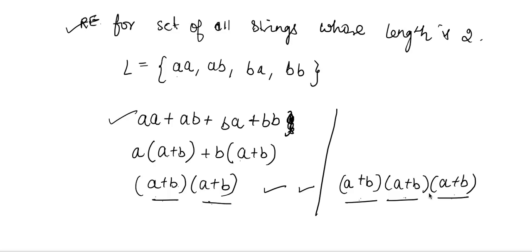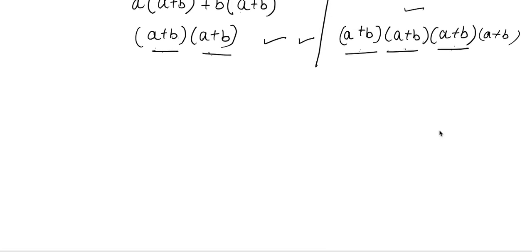We put the concatenation of these. For strings of length 4, put one more (a+b). Got it? Or what you can do is find out the language present in it and then put union in between. That also becomes the regular expression for it.